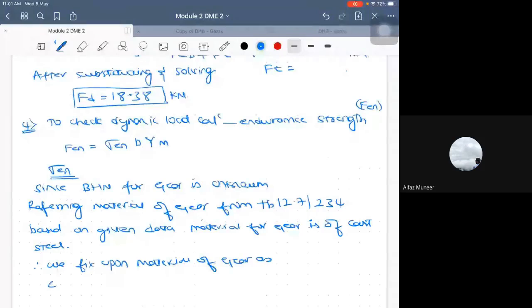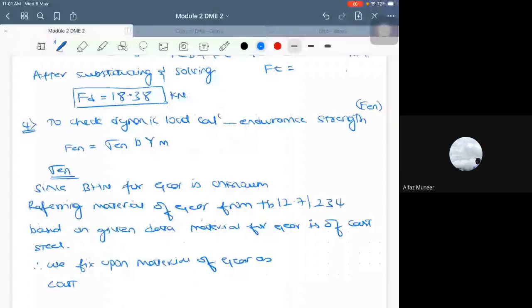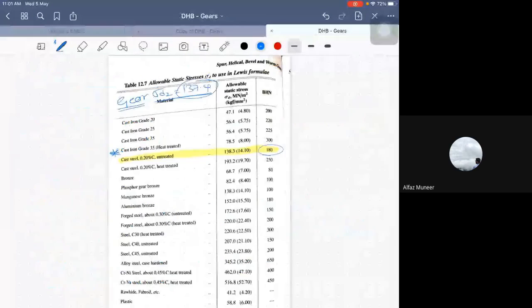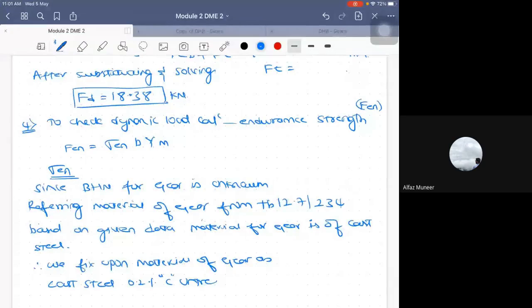What is the material we fixed upon? Cast steel, 0.2% carbon, untreated, with BHN value, this is important, 180. Okay.